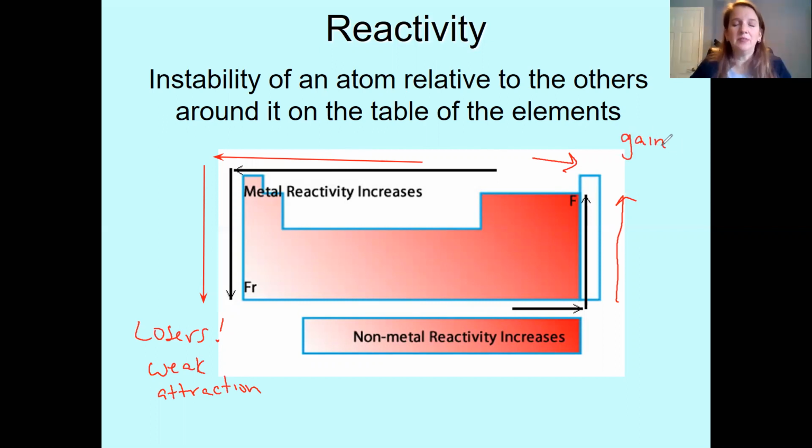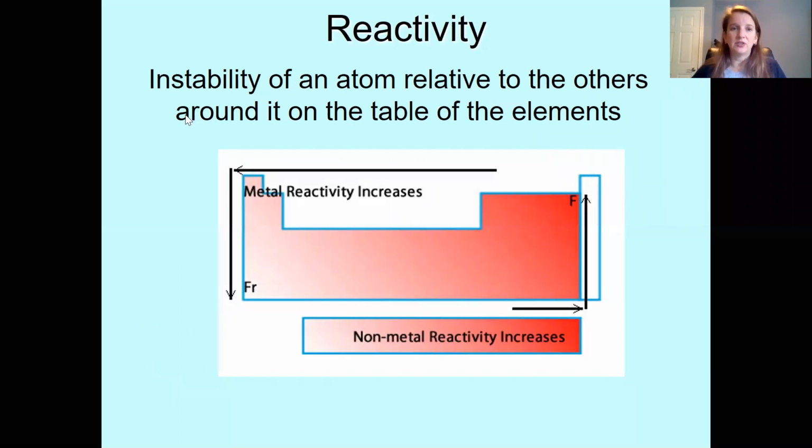And so we think about the fact that if they're trying to gain electrons, it's easier for the atom to gain electrons when the attraction between the outer energy level and the nucleus is high. And it just so happens that this corner up here has a really strong attraction because you have few valence electrons as you move up the group, and as you move right across the period, you have a higher Zeff because of the increased protons.